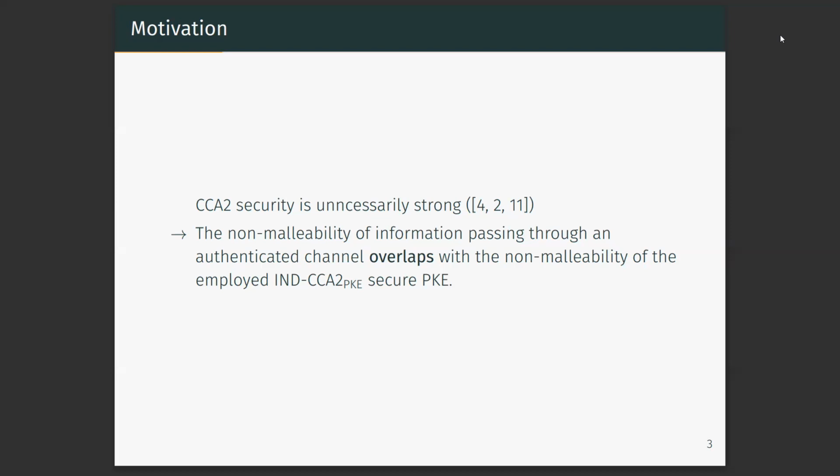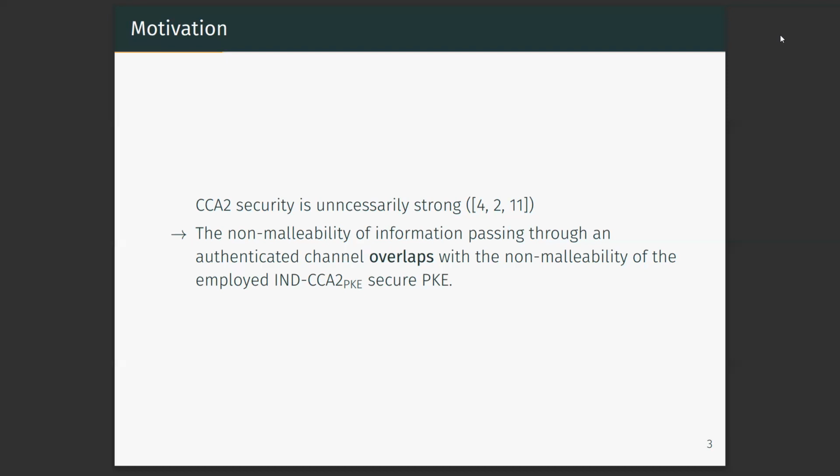It seems, therefore, that the integrity protection guarantees of CCA2 security and the EUF-CMA security overlap. The first such observation was made by Canetti, Krawczyk, and Nielsen in the year 2003, albeit their main motivation was somewhat different.